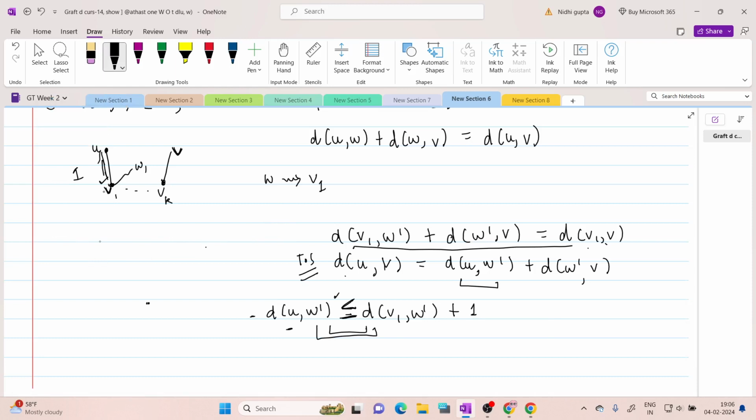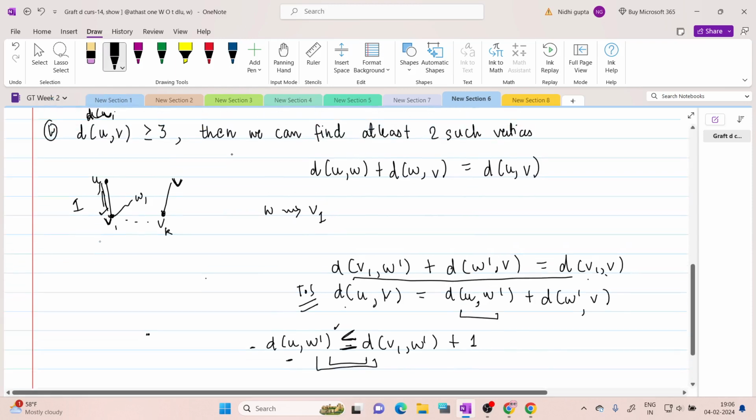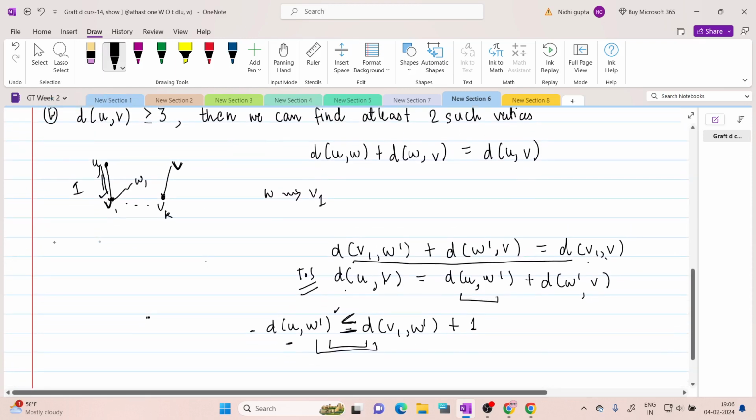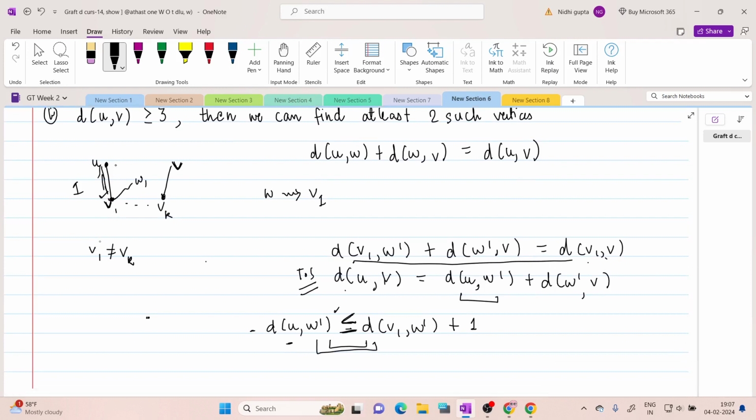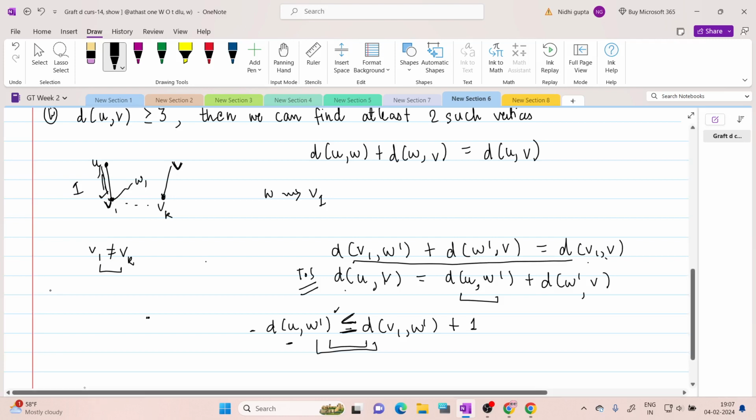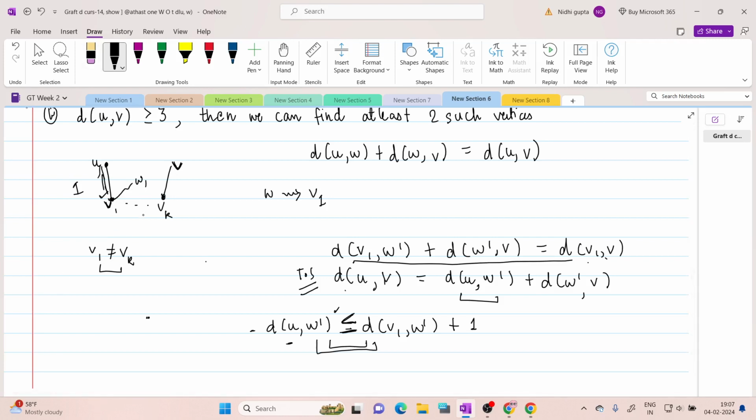So basically, if d(u,v) is greater than or equal to 3, then we know that v1 is not equal to vk, because there is a path of length at least 3. So v1 can't be adjacent to v, so we know v1 is not equal to vk. And like previously, d(vk, v) is 1, and d(u,vk) cannot be a smaller path.